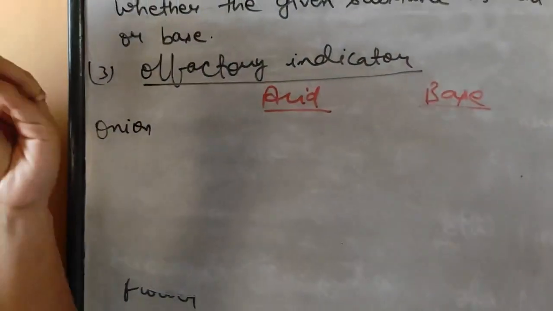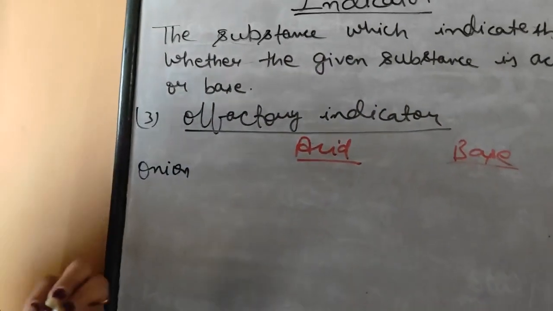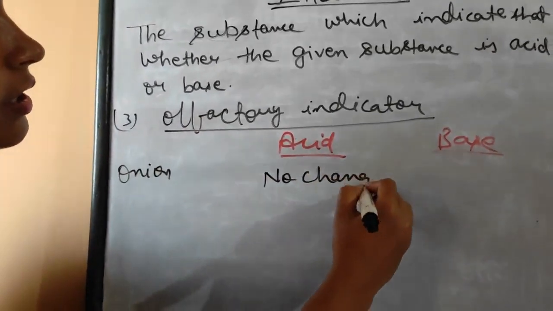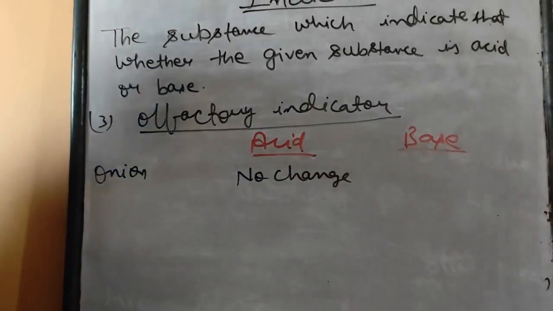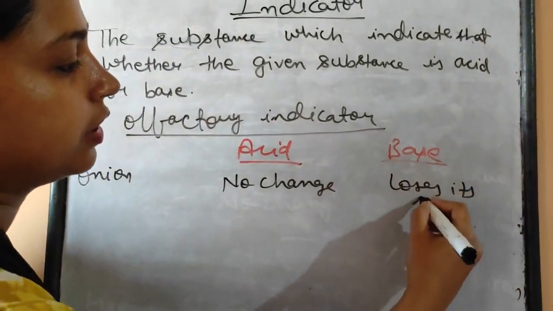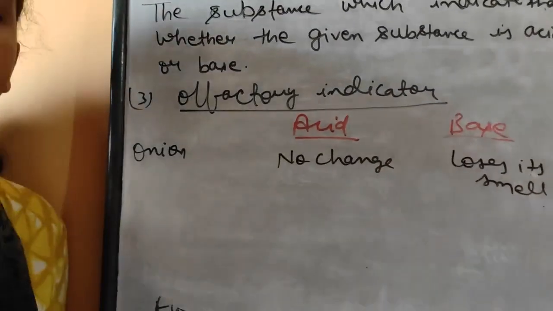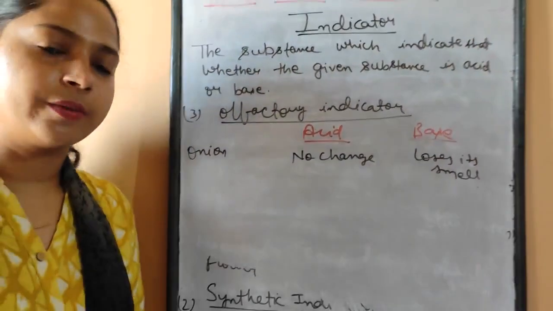So the characteristic smell of onion, if we put that onion juice in acids, there will be no change in acid. But if we add base in this onion juice, the smell vanishes. So we can write onion loses its smell. Its smell vanishes when we add base in it.